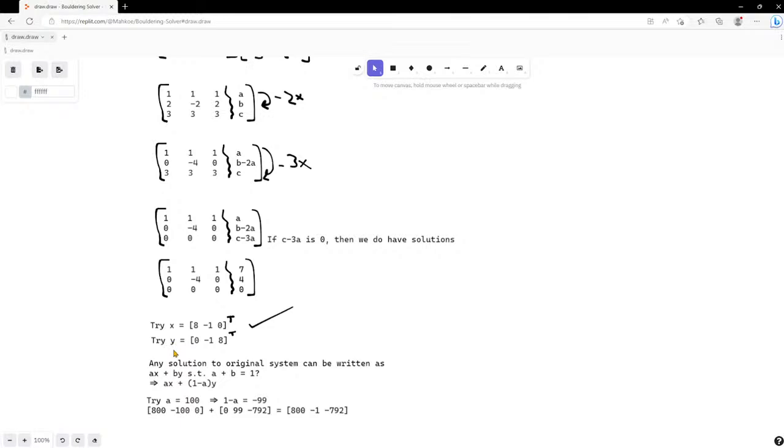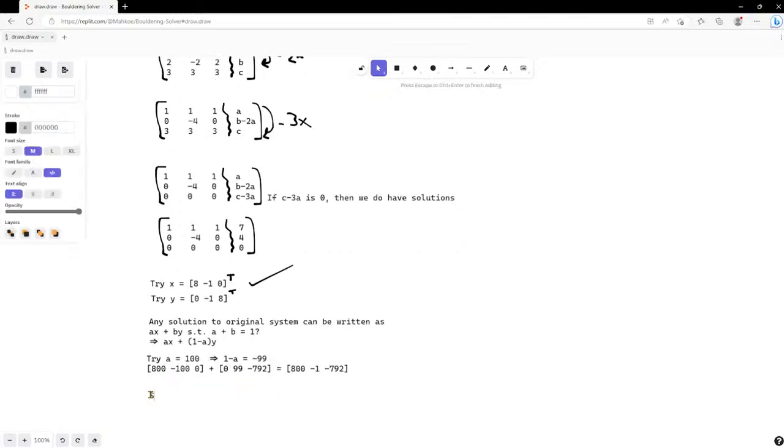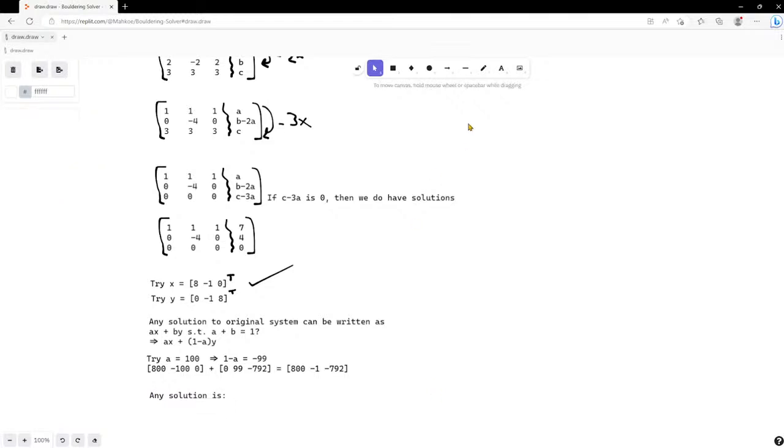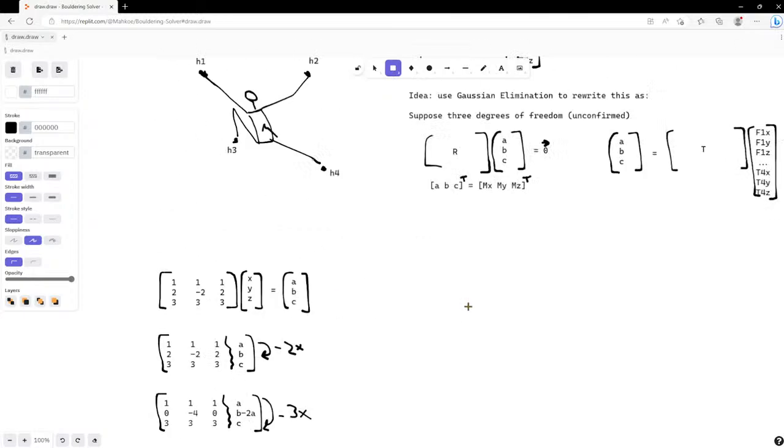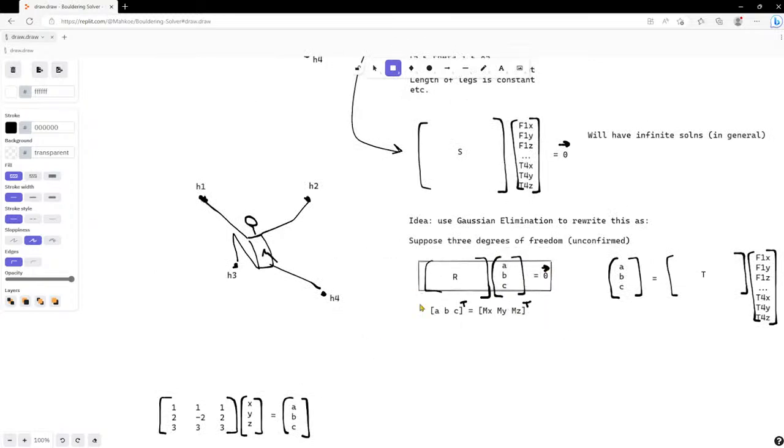So I guess maybe if we were to try writing something like this, any solution is, I'm trying to figure out what's wrong with this thing right here. There's something wrong with it.